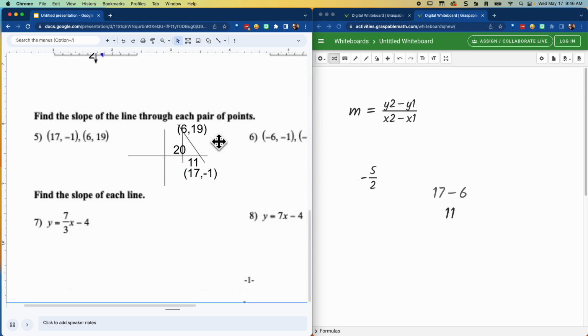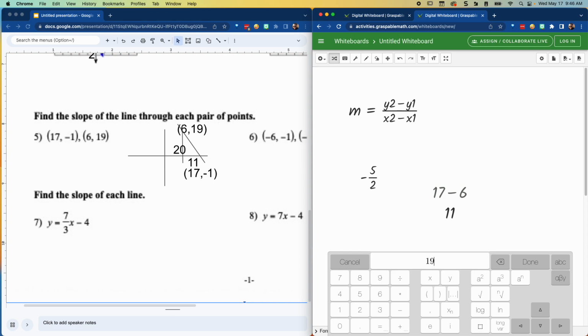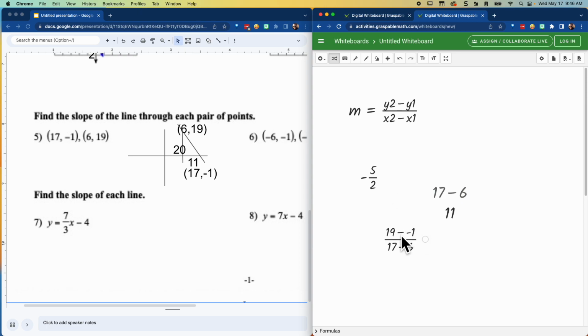So what does that make my slope? It's going to be 19 minus negative 1, highlight all of that, and I'll divide that by 11, or 17 minus 6. So this is how you would have seen it as an actual calculation. Then we start putting these numbers together, and it's just 20 over 11.